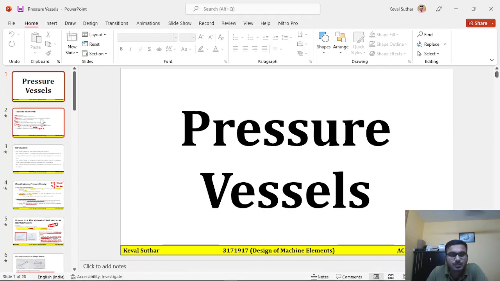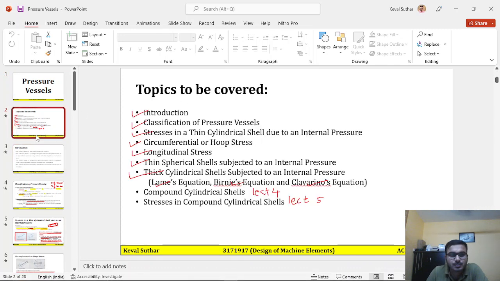So till now we have covered the introduction, classification of pressure vessels, then the kinds of stresses which are generated in the thin cylindrical shell due to internal pressure. There are two types. First is circumferential or hoop stress, and second is longitudinal stress.